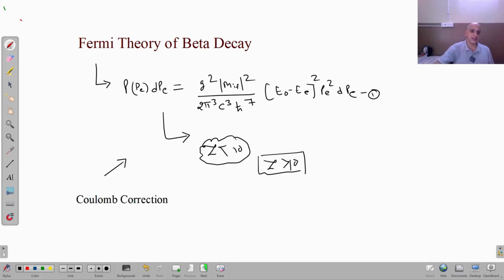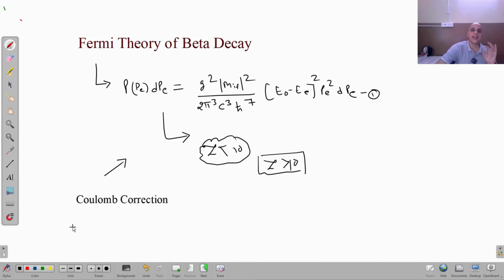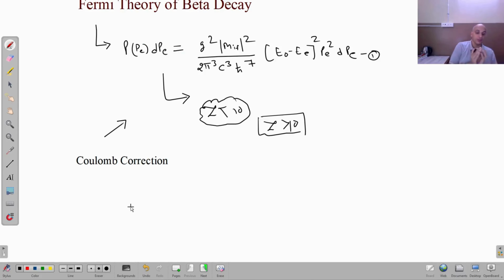So in this lecture, I am going to discuss the importance of this Coulomb correction term. If we want to take this Coulomb interaction into account, then we have to modify the wave function of the electron that earlier we took as the wave function of a free electron.